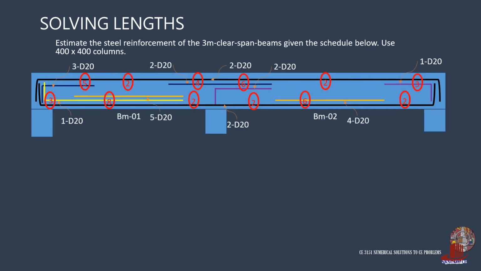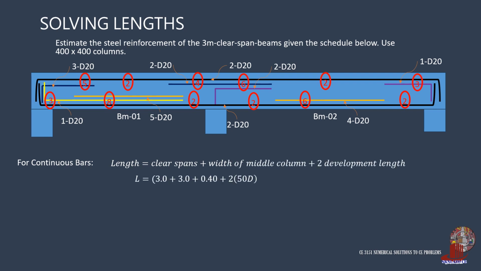With these standards, start computing the individual lengths. The continuous bars have a length of the summation of 2 clear spans plus the width of the middle column, then add the development lengths of both ends.